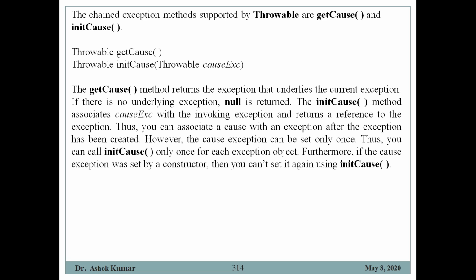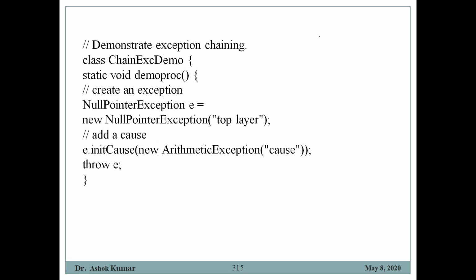If you want to retrieve the cause of the exception, we can call it. And the second is initCause. The initCause method associates the cause of the exception by the call of this method. How we can set the cause of the exception with this method, we are going to discuss with this example. So here there is an example of the chained exception.